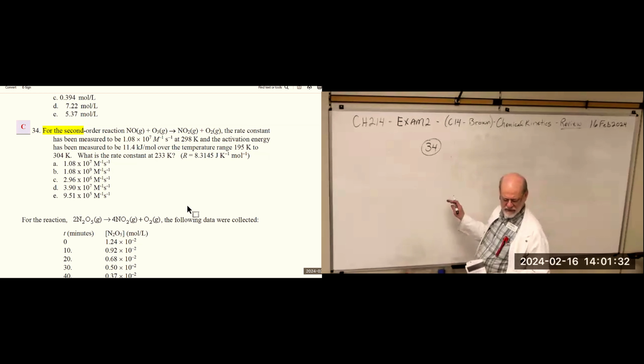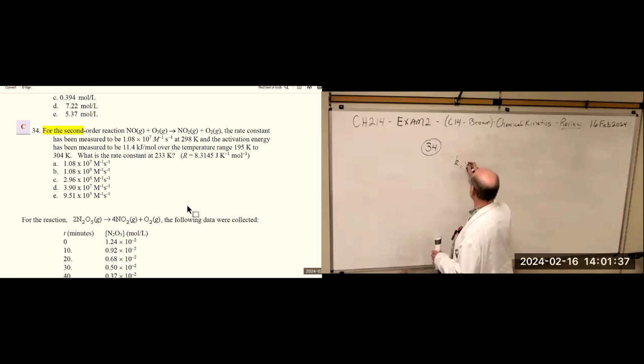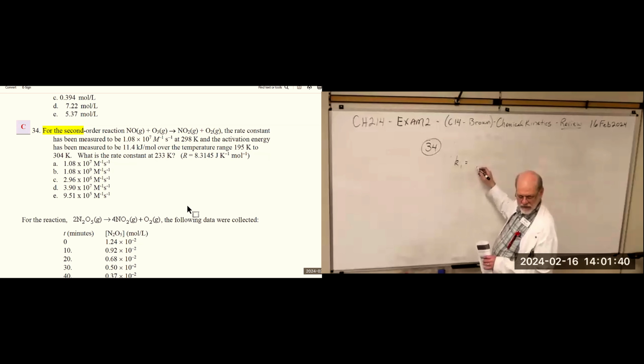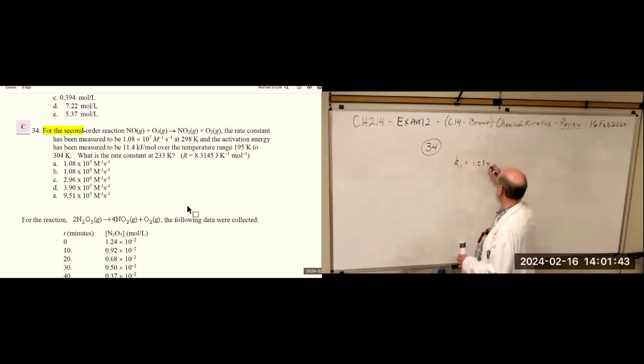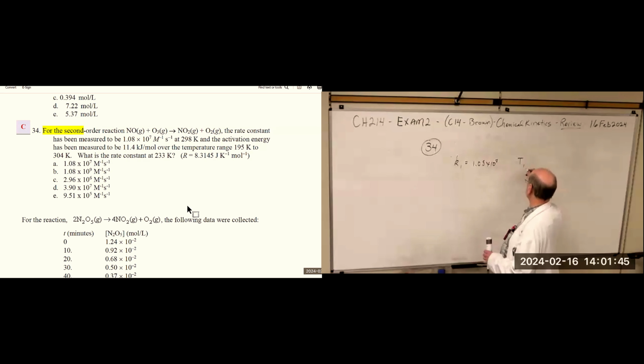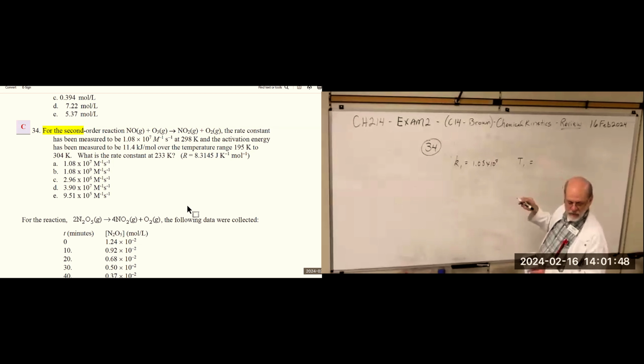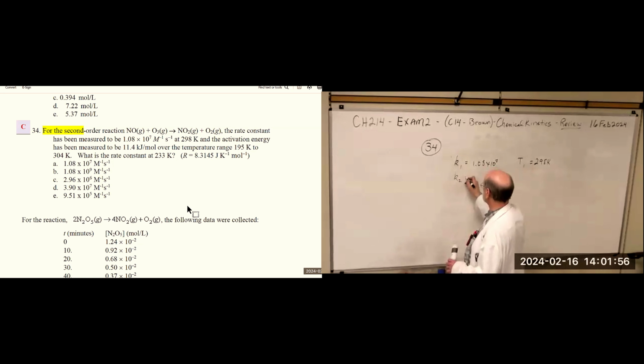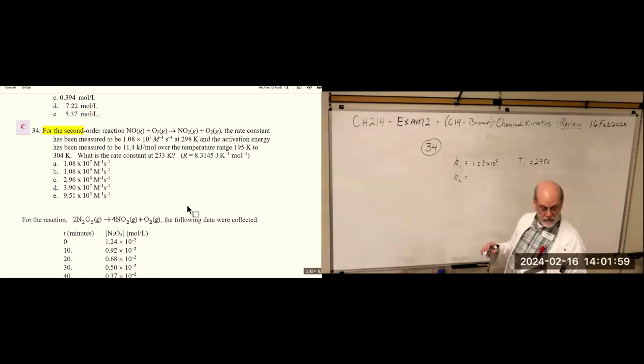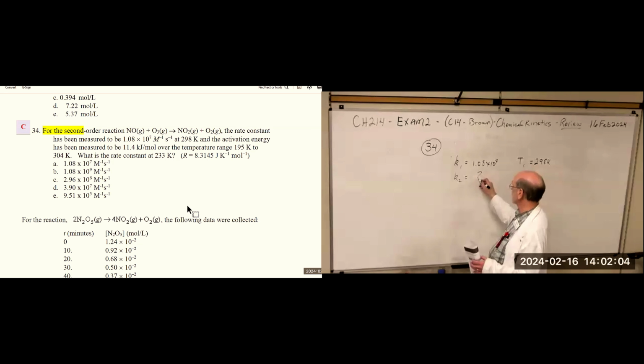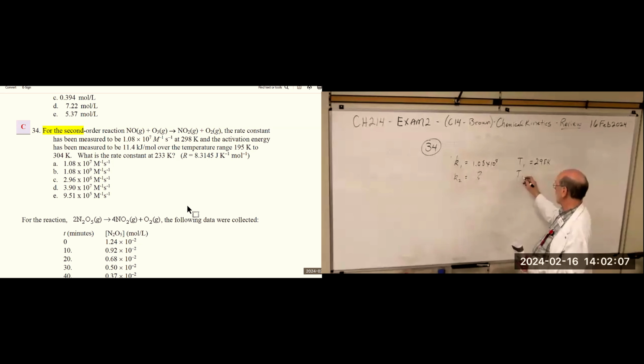It's getting kind of messy in there. So the first rate constant is equal to 1.08 times 10 to the 7th. At what temperature? Temperature is 298 K. The second rate constant we don't know. This is the unknown. But we are given its temperature, which is 304.